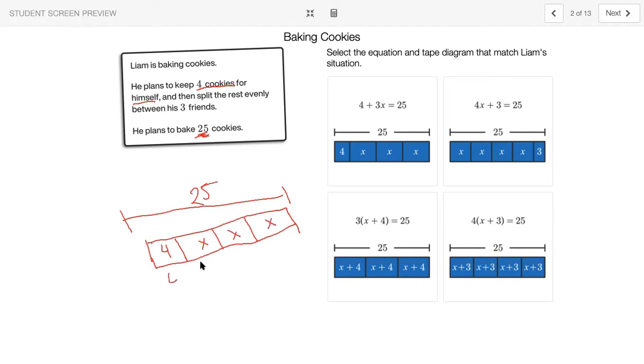So this is Liam. This is friend 1. This is friend 2. This is friend 3. So which one does it match? Well, it looks like it matches this one right here. All right, let's go on to our next slide.